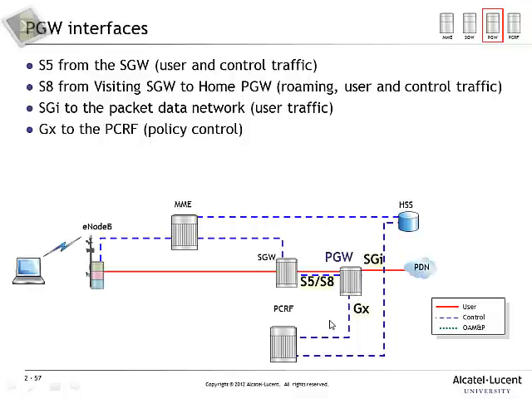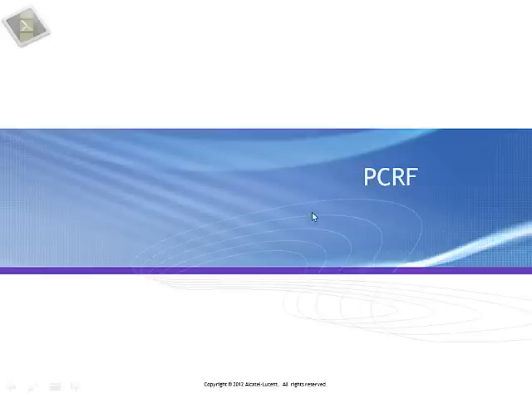The PGW also communicates with the PCRF, where aspects of quality of service and charging are dealt with. We're going to talk about that next. And all of that information is transmitted on the Gx interface. The next one is the PCRF.